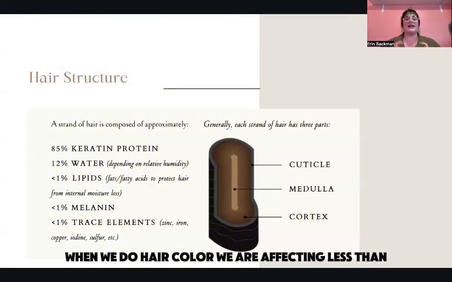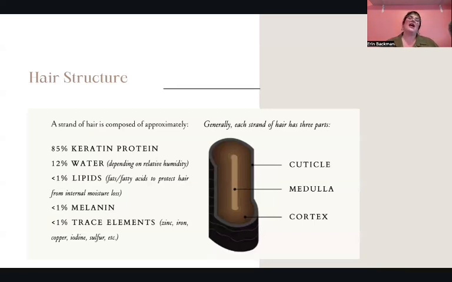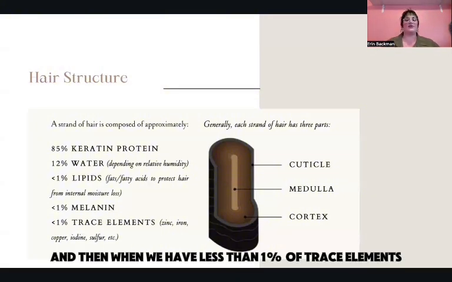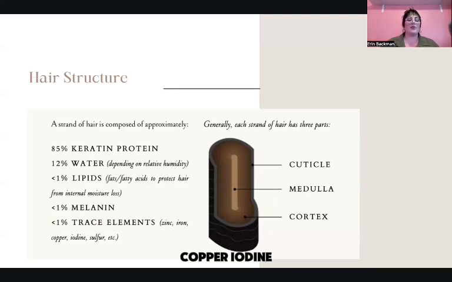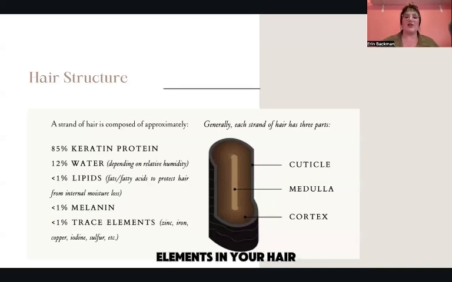We are affecting less than 1% of the chemical composition of the hair structure, and that is the natural melanin, as well as any additional melanin that has been added in from previous colors. And then we have less than 1% of trace elements of zinc, iron, copper, iodine, sulfur, etc. And if you're someone who happens to live somewhere where they have harder water or well water, then you could also have more fun elements in your hair.